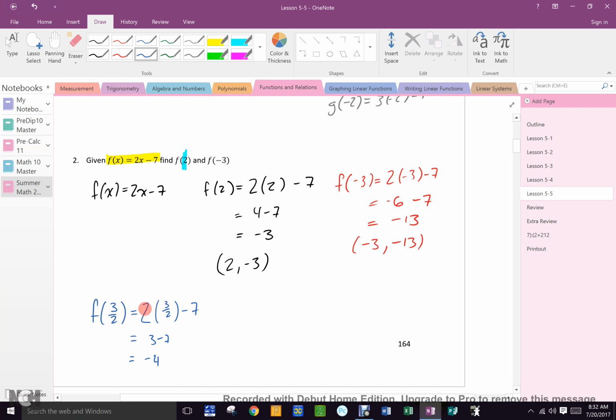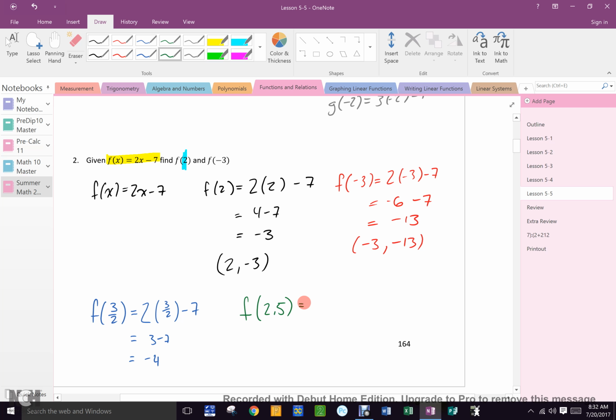Because 2 times 3 halves is 2 over 1 times 3 over 2. 2 times 3 is 6. 2 times 1 is 2. 6 over 2 equals 3. Cancel them. Hopefully the way you were taught to multiply fractions years ago. All right. So everybody's starting to pick this up. What if I gave you f of 2.5? I do give you a decimal.